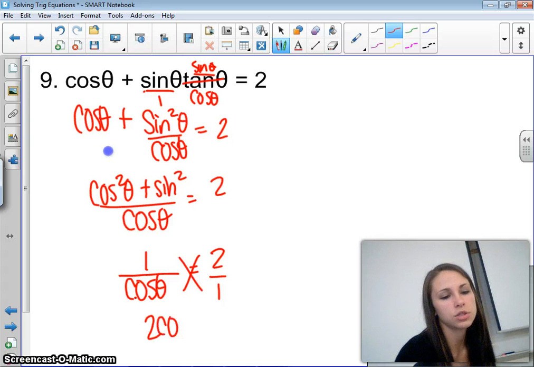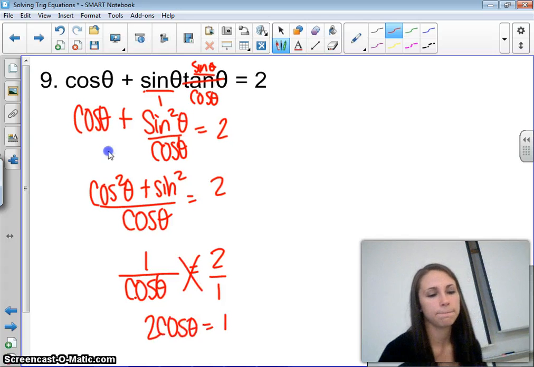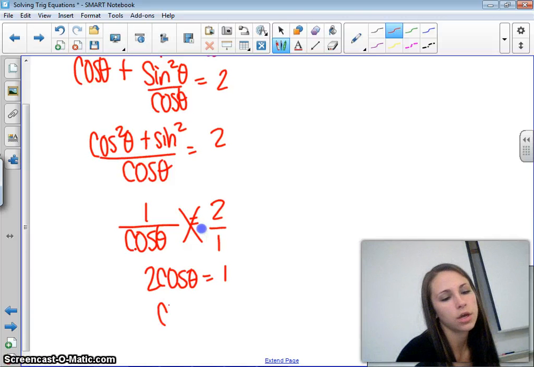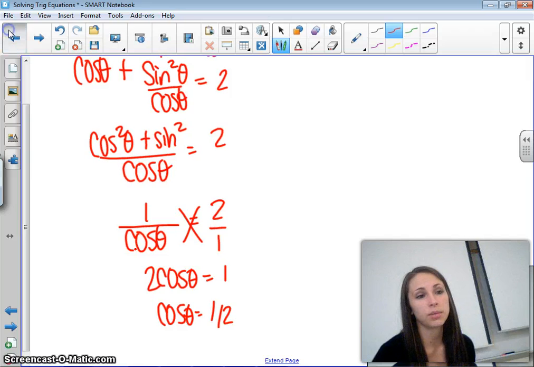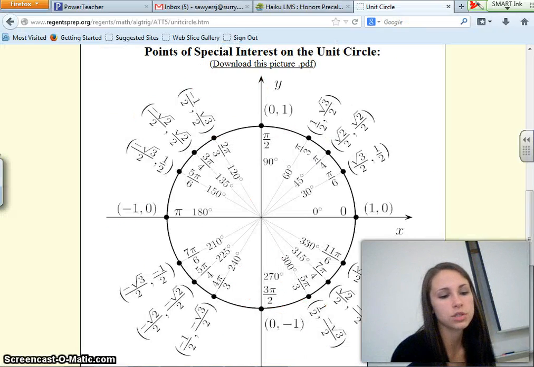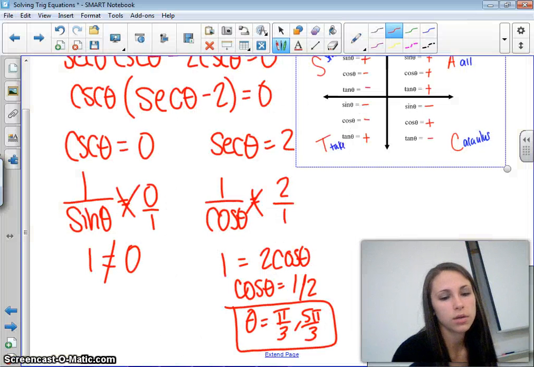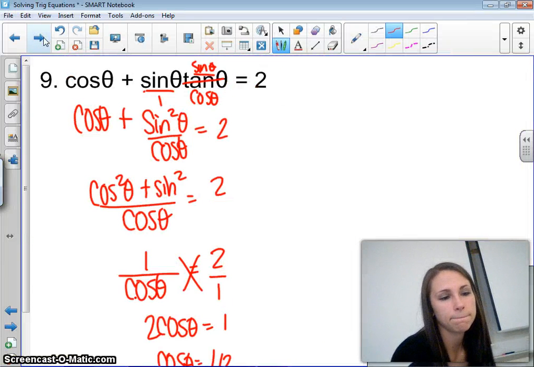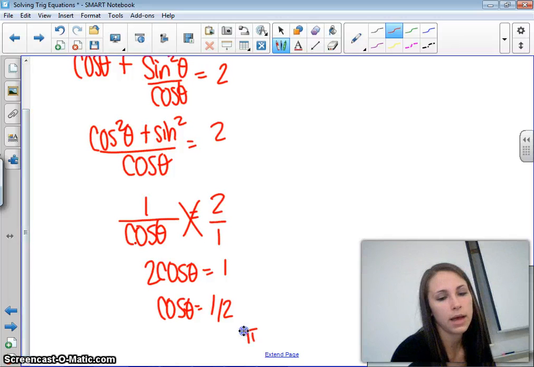And so this is going to be 2 cosine equals 1. And so then cosine will equal 1/2, and that's what we just got right back here. So cosine is 1/2 at pi over 3 and 5 pi over 3. And so my solutions there would be pi over 3 and 5 pi over 3.